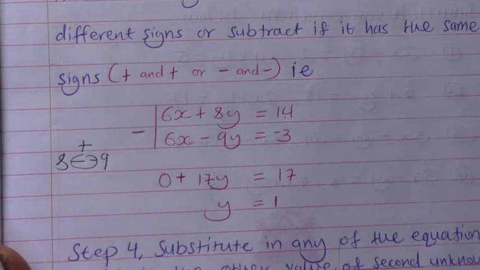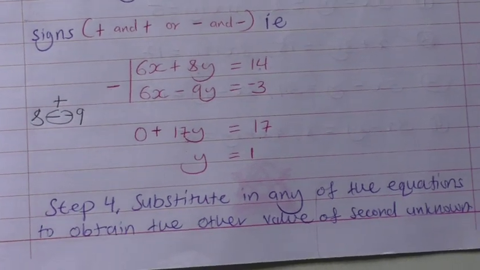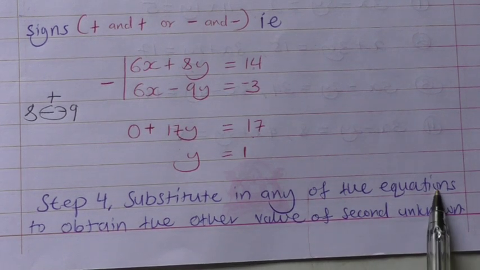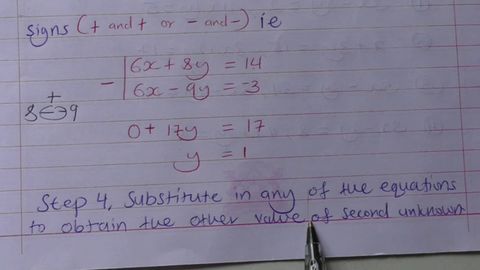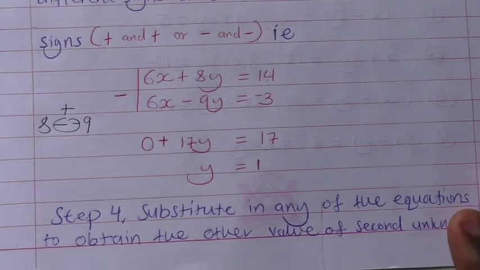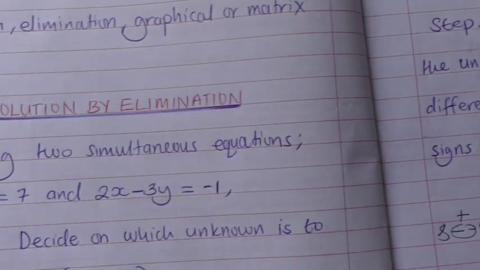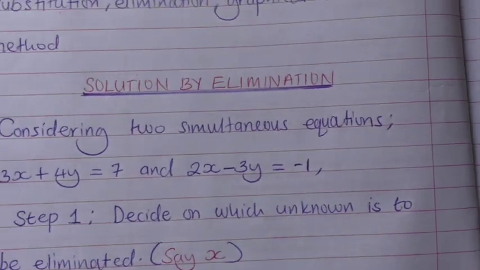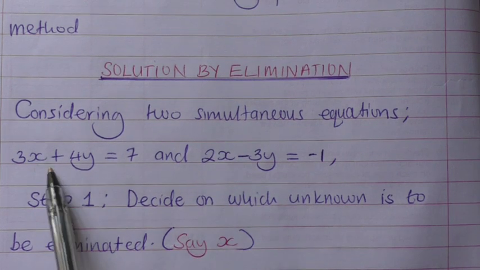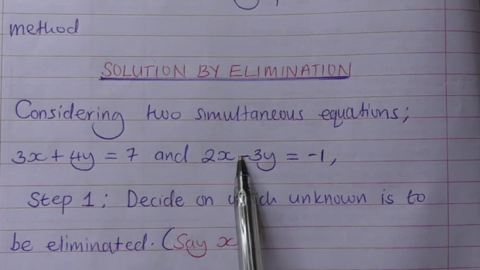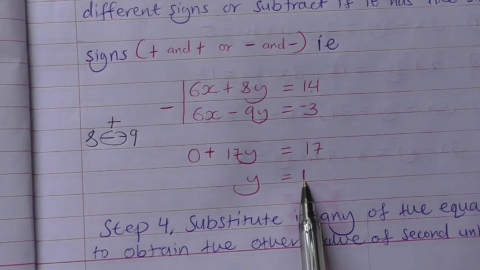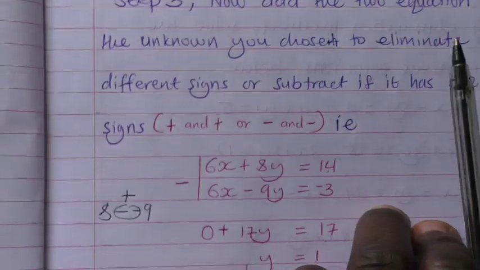Then step 4, which is probably the last step, we shall substitute in any of the equations to obtain the value of the second unknown. Now, our initial question had 2 equations. So we choose one of these 2 equations and substitute for the value of y, which is 1, and find x.